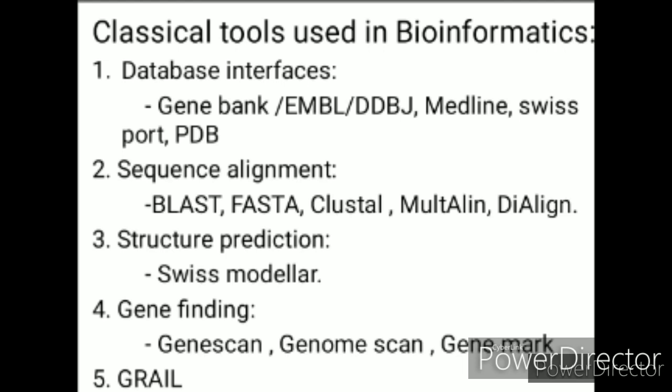And thirdly, structure prediction. Suppose you have a protein sequence and you want to predict the protein structure, we have Swiss Modeler for that purpose. Okay, and for gene finding, we have GeneScan, GenomeScan, GeneMark and Grail.